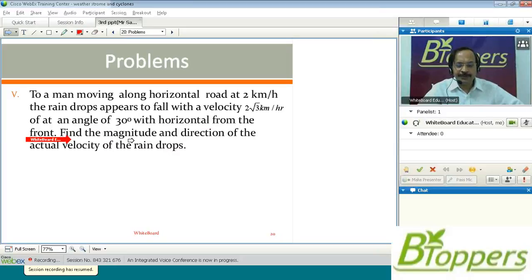Find the magnitude and direction of the actual velocity of the raindrops.